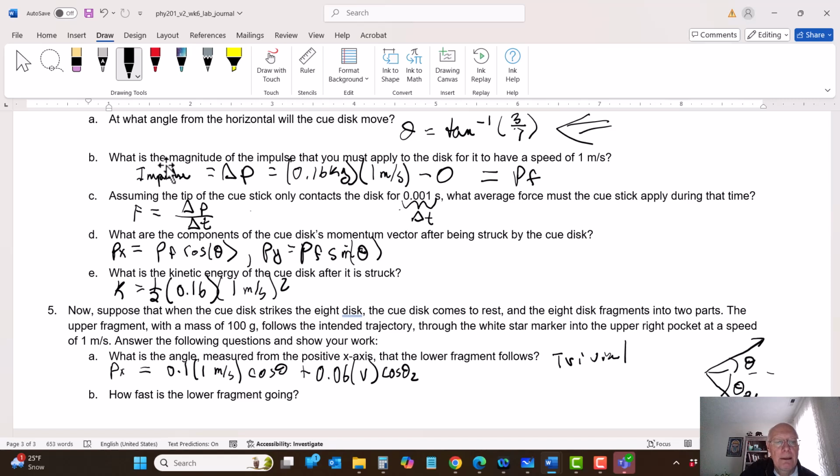And then the y component, py, equals, again, 0.1 times 1 meter per second times the sine of theta. That's the theta you found. It's this theta here, the same theta. Plus the other portion, which is 0.06 times whatever its velocity v was, times the sine of the angle.